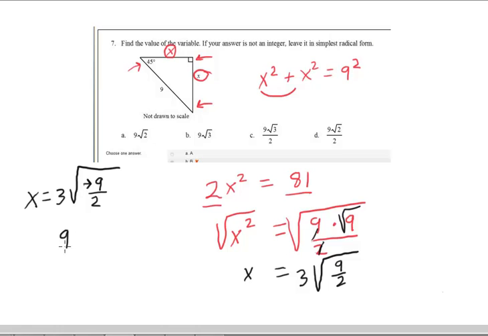So now we have x equals 9 times 1 over the square root of 2. I'm going to write that a little better. x equals 9 times 1 over the square root of 2.